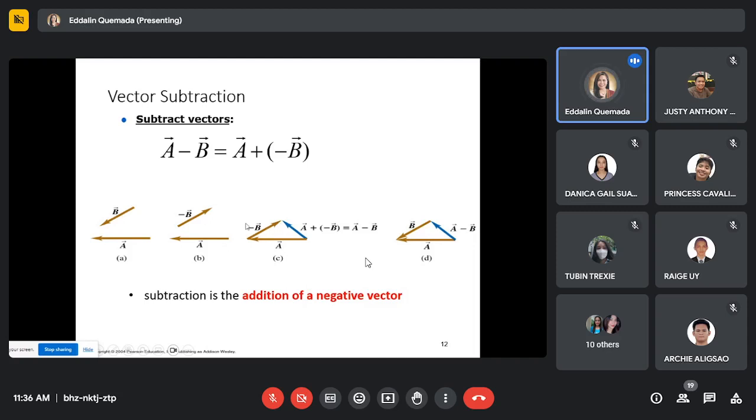What method of vector addition is shown here? How were the given vectors plotted?